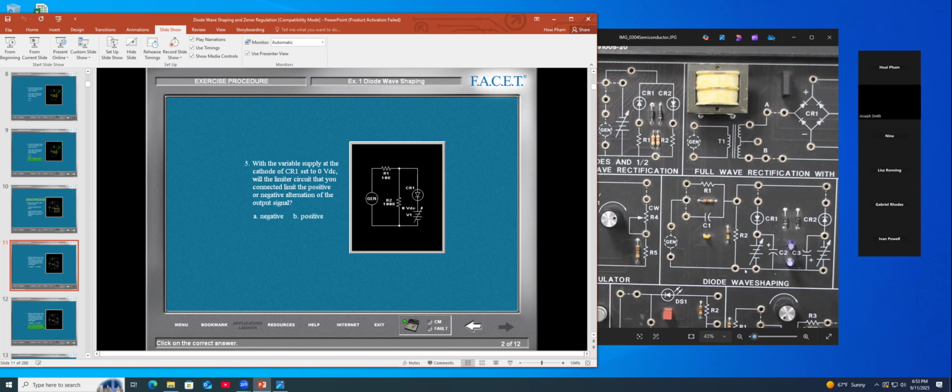Now, tomorrow you get the lecture for the oscilloscope. What I want for you is just ask the instructor how to set up the oscilloscope and generator. That's the first step.